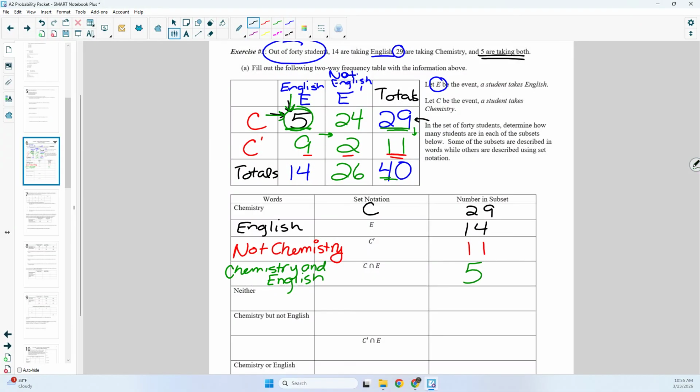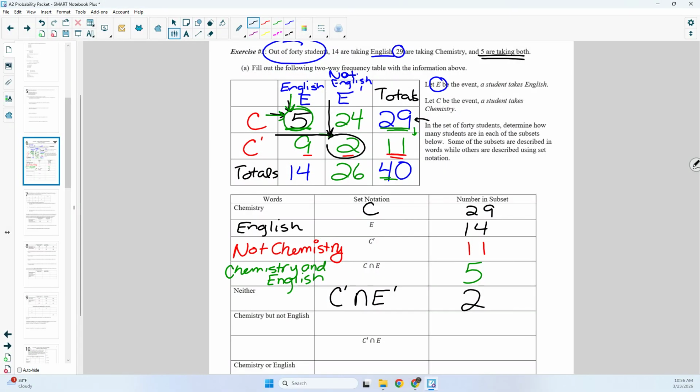Neither, if I translate that, neither means not chemistry and also not English. So I need to find the intersection where the not C and the not E cross if I follow their row and column. So go ahead and try that, but you should get the number 2, because that's the number that's not chemistry and also not English.